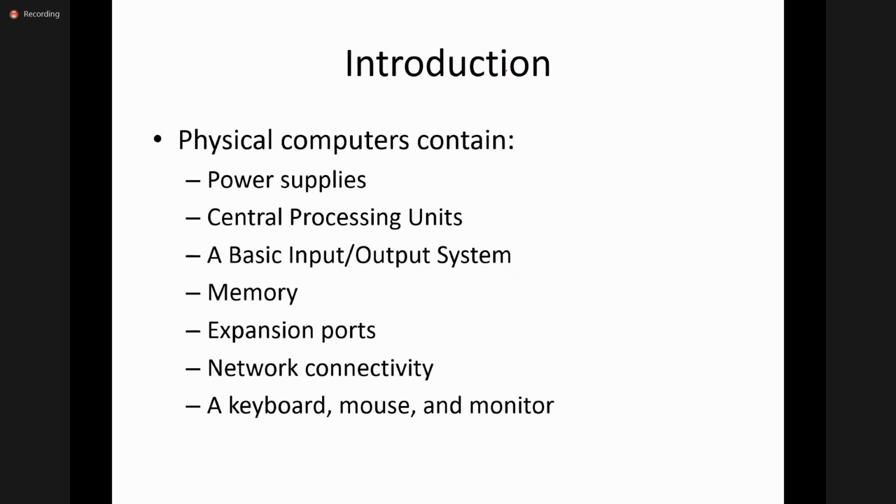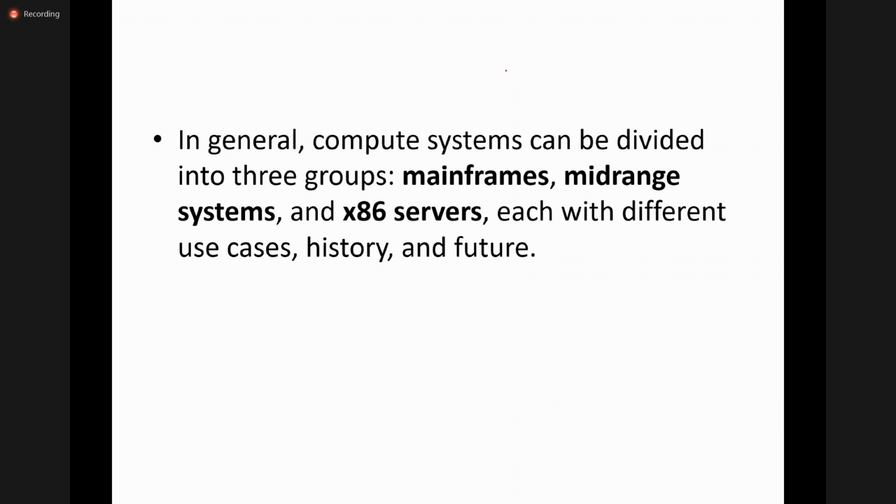Also, we have memory, expansion ports, network connectivity, keyboard, mouse, monitor, etc. Those are the physical computer contents or tools that are used within any computer or in the usage of the computer.